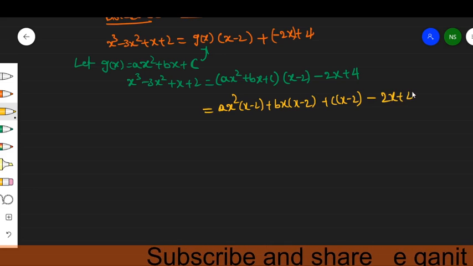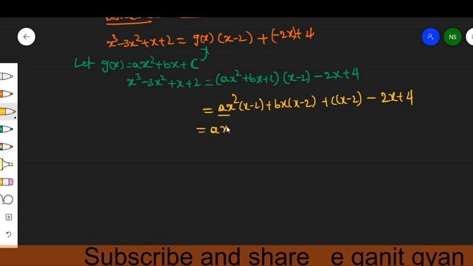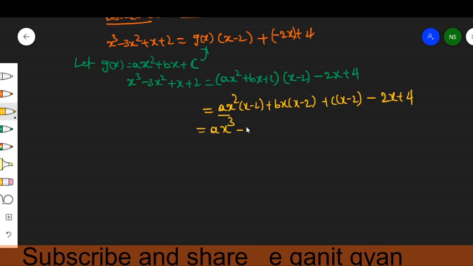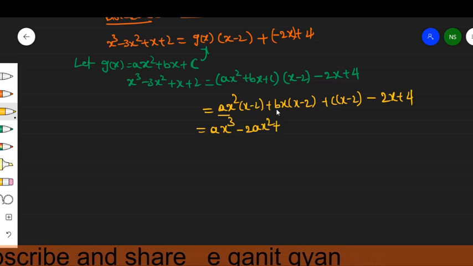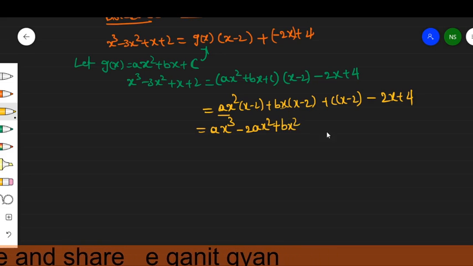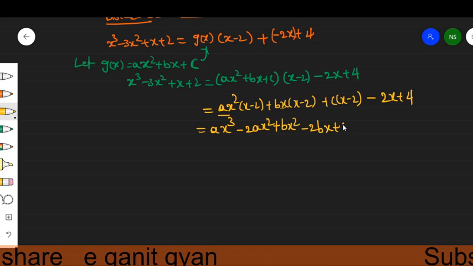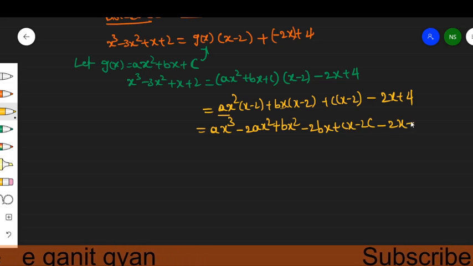Minus 2x plus 4 as it is will come. Ax square into x is ax cube. Ax square into minus 2 is minus 2ax square. Here I will get bx into x is bx square. Bx into minus 2 is minus 2bx. Here cx minus 2c minus 2x plus 4.